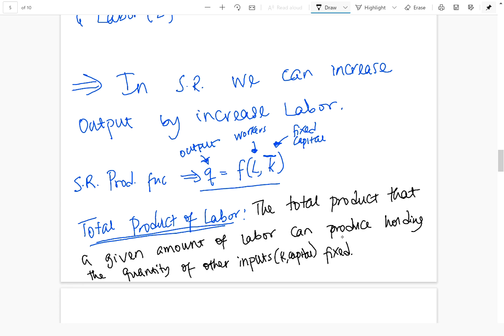So basically we can see how many units that we can produce as L changes. Remember, we want this to be efficient.